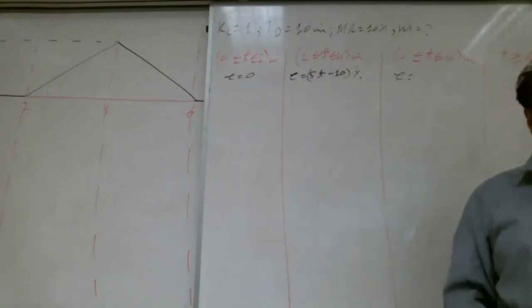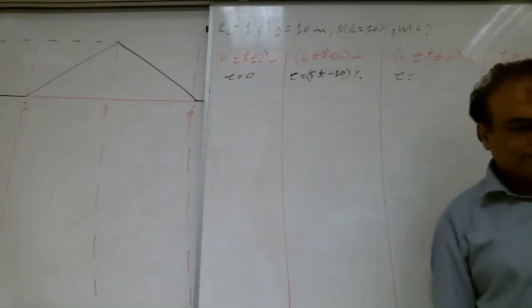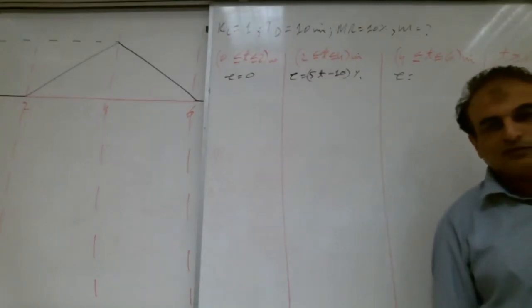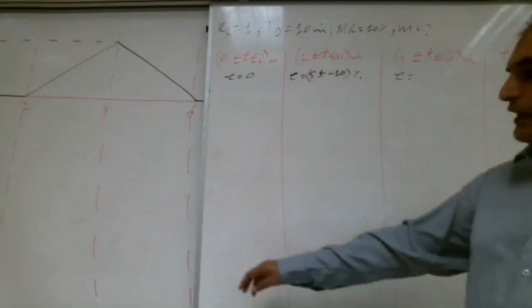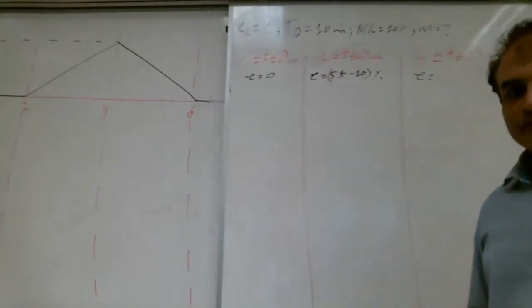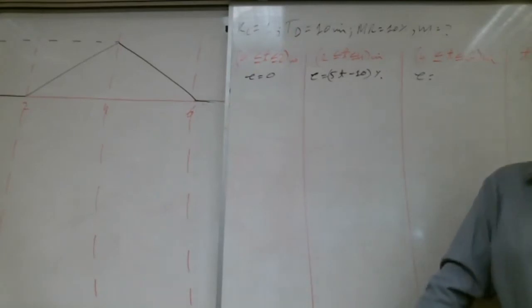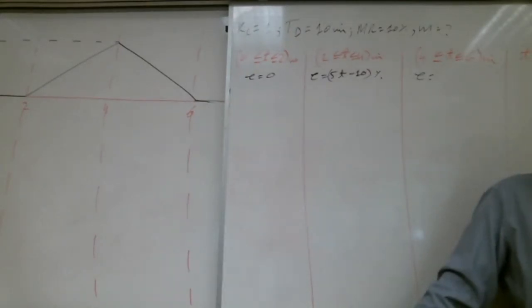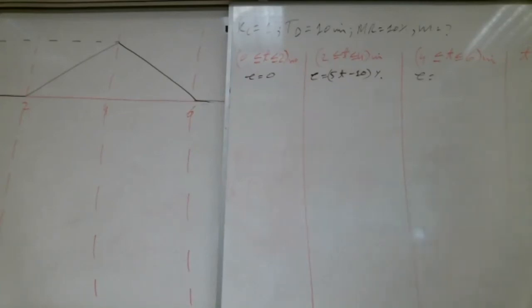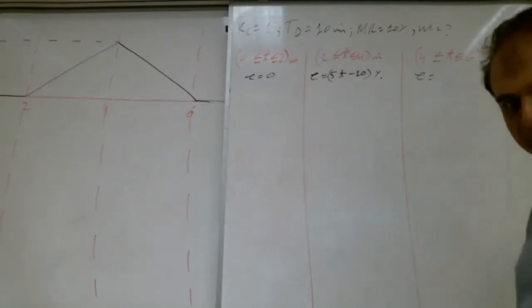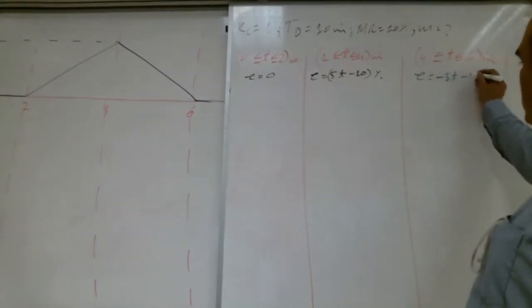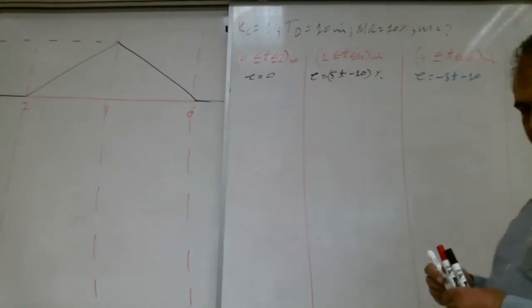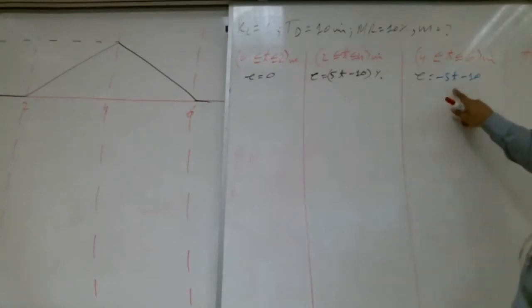Shabab, please find the equation. From 4 to 6, find the equation. I think, teacher, minus 5t minus 10. Let's see, brother. Put t equal to 4.